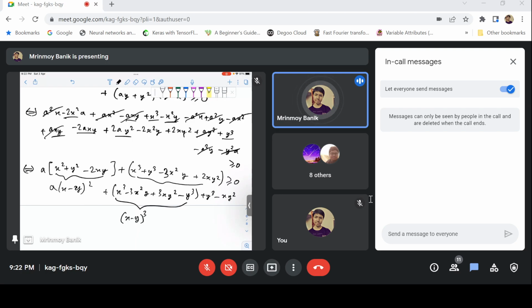No guarantee it will be positive, so that means that factor is this one. Taking common x squared, we have x minus 3y. Here we have y plus 2x.